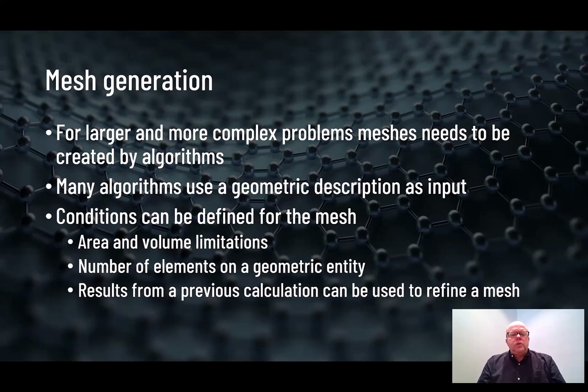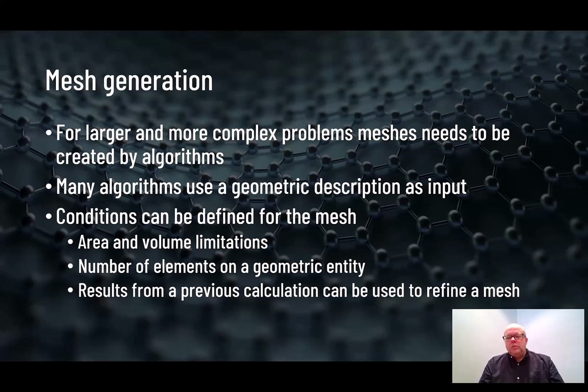And what you can do with these tools is also that you can define conditions for the mesh. So, for example, you can say that I want the maximum area of an element not be larger than a certain area. You can also specify the number of elements on a boundary line, for example. So I want more elements on a certain line and less on a different line.